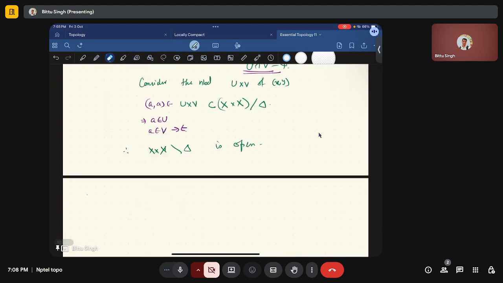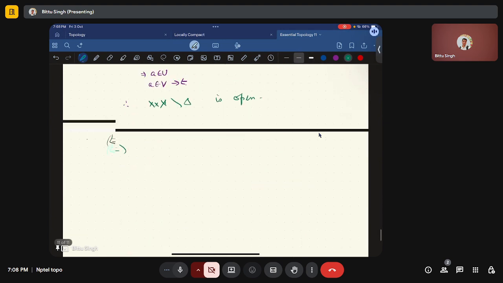For the reverse part, if we assume delta is closed, same idea, there is nothing new in this case. Then X cross X minus delta is open.